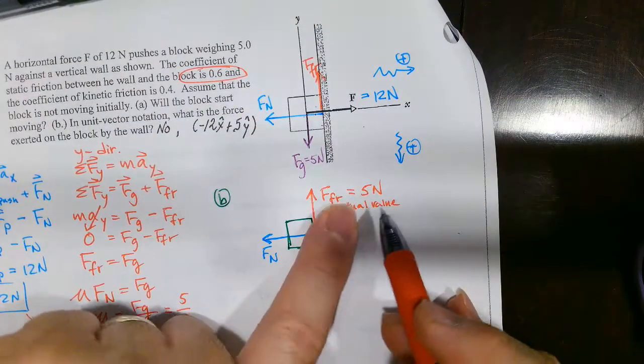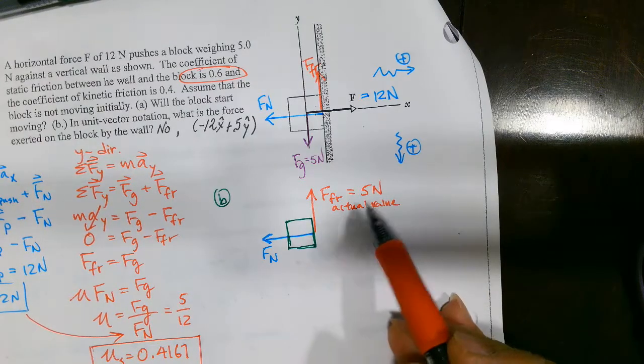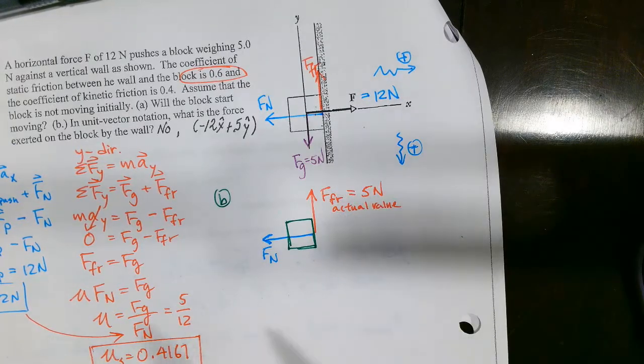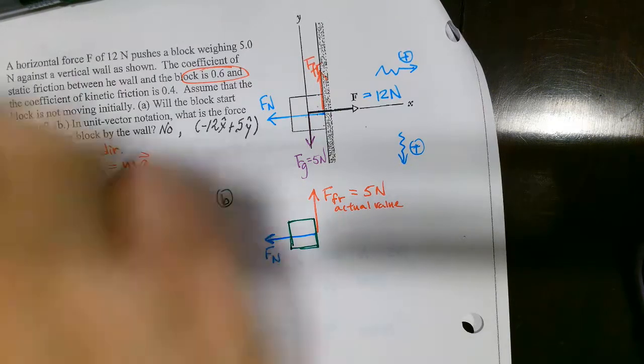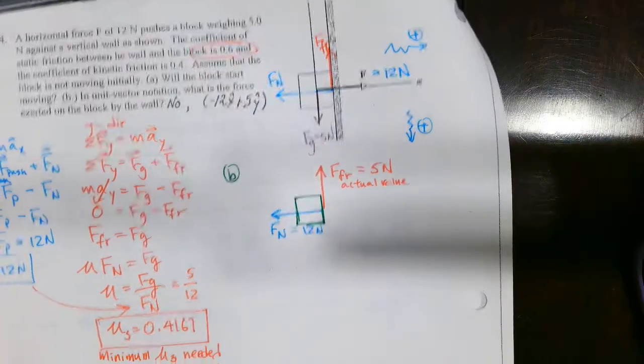So even though it can go up to 7.2 newtons, at this moment, because my Fg is only 5 newtons, it only requires 5 newtons to keep it staying there. But the F normal is still going to be 12 newtons.